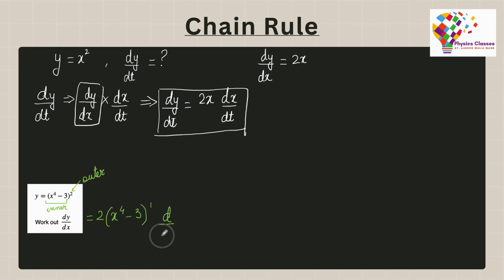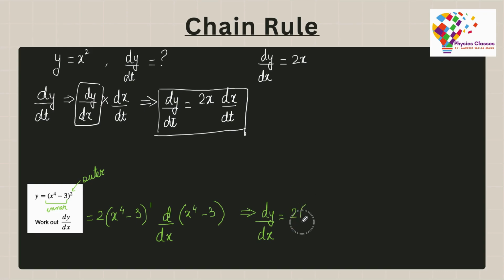So first I differentiated the outer part, which was the power. Now I differentiate the inner part, which is x to the power 4 minus 3. So 2 into (x to the power 4 minus 3) times d by dx of (x to the power 4 minus 3). Now I differentiate x to the power 4 minus 3, which simply comes out to be 4x cubed, because the differentiation of 3 would just be 0.